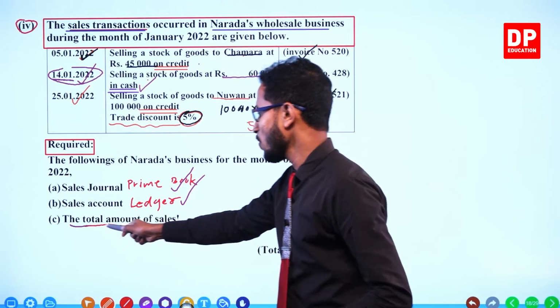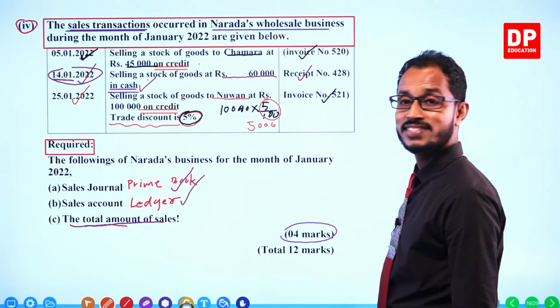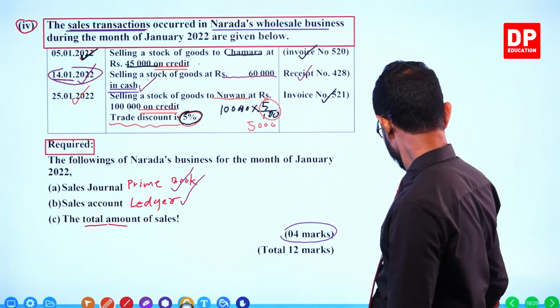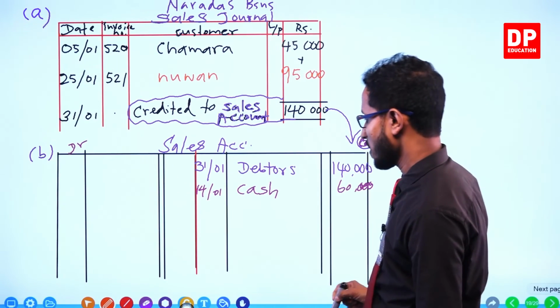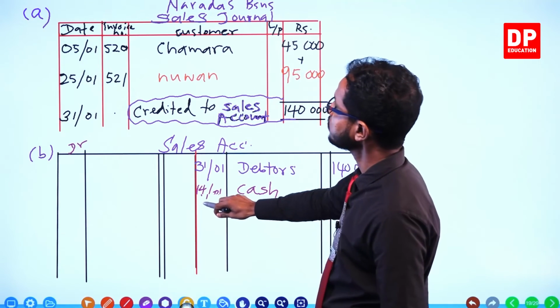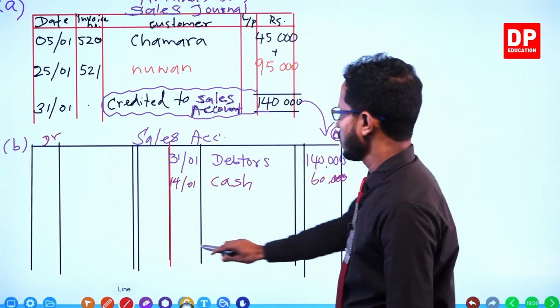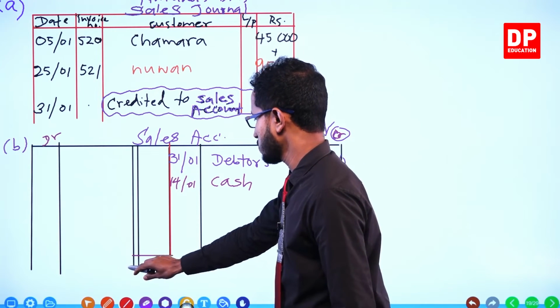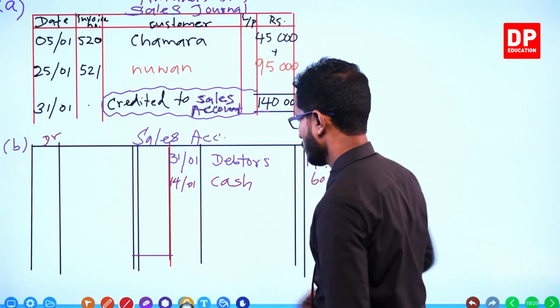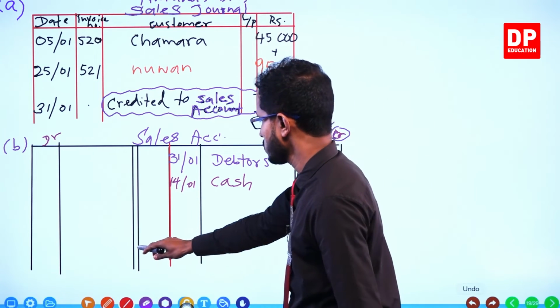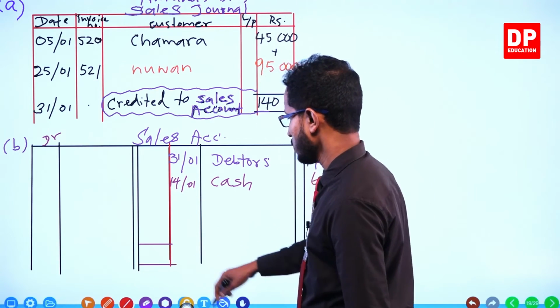That's how you take the total amount of sales when you balance the sales account. Let's go to the sales account and balance it. Debit side is blank because there is nothing in the debit side.